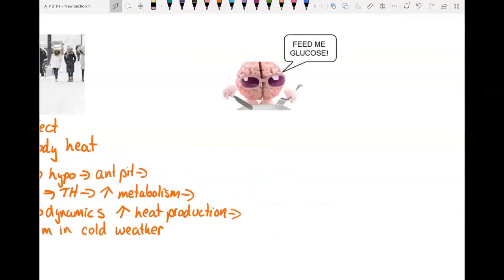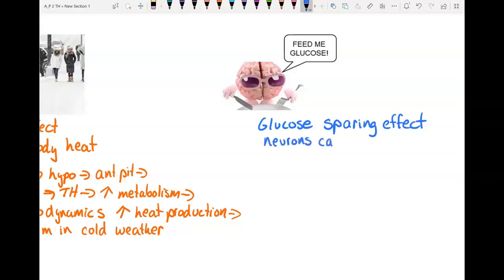Another effect of thyroid hormone is the glucose sparing effect. Remember we talked before when we were talking about insulin that neurons can only use glucose.